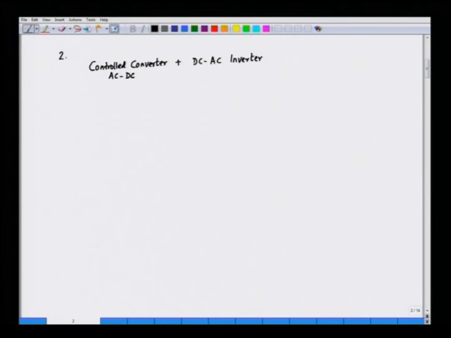So, we can have the structure like this. Usually we use a SCR bridge here. We have a SCR bridge in this case. We have a 3-phase supply, and in this case, when we have variable input voltage, we usually have a current source inverter.